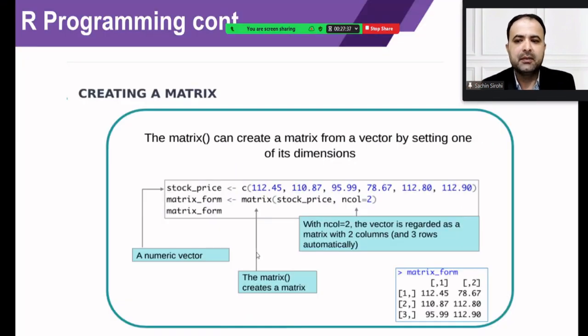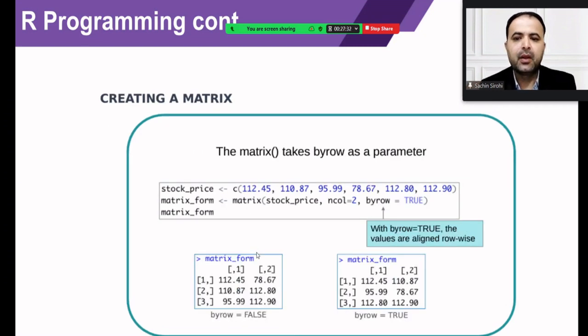So it is just a matrix. When creating a matrix, we can specify byrow. TRUE means by row. The values are aligned row-wise. Now if the value is FALSE, the values are arranged by column. So it will convert the row-wise data into columns.